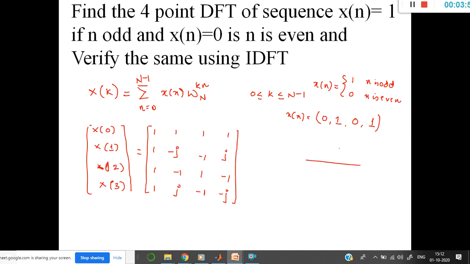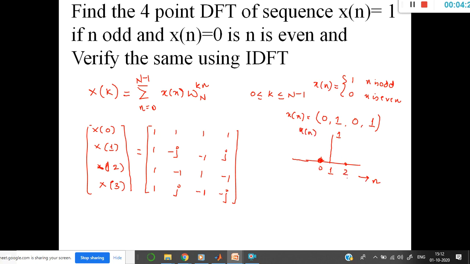So if I try to write it in the pictorial form, this is how it looks. For n equal to 0, the value is 0, and n equal to 1, which is an odd sequence, the magnitude is 1. This is n, and the value of x of n here.